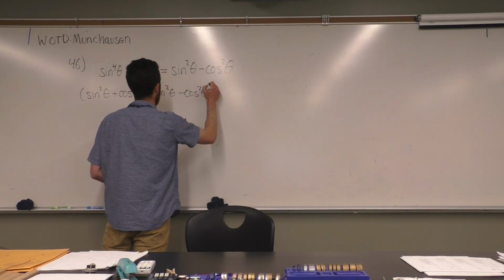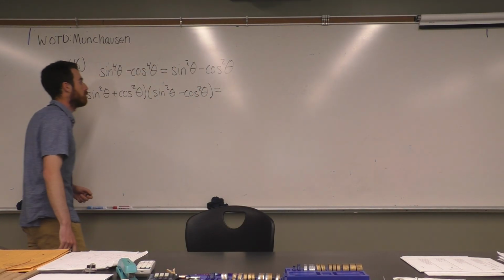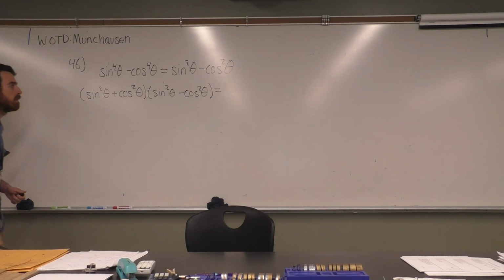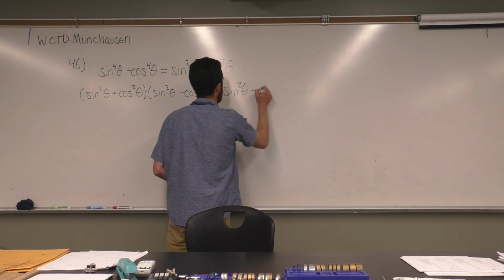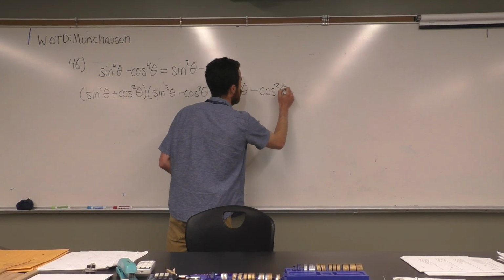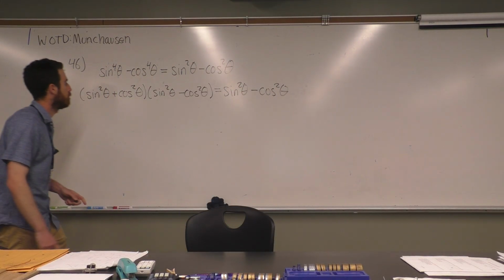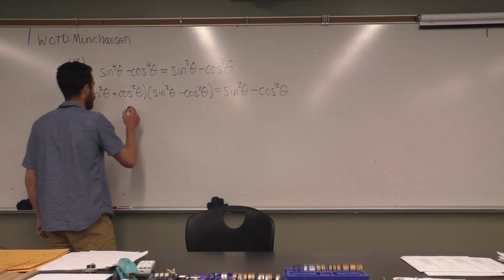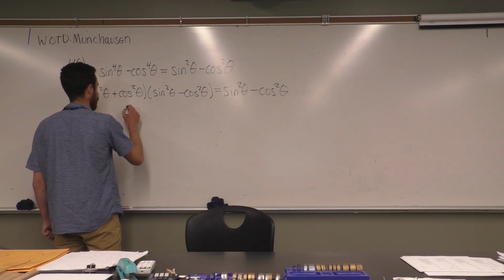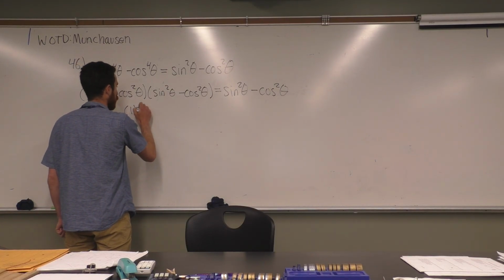our left side can be rewritten as this. And the right side I leave the same. When I look at this, I recognize that sine squared of theta plus cosine squared of theta is equal to 1. I'll show that.